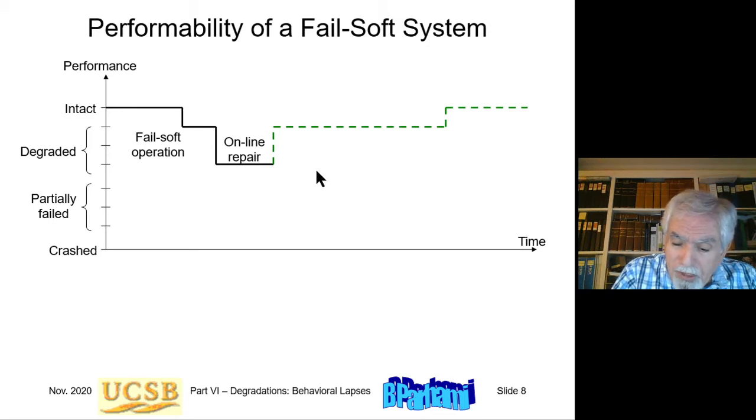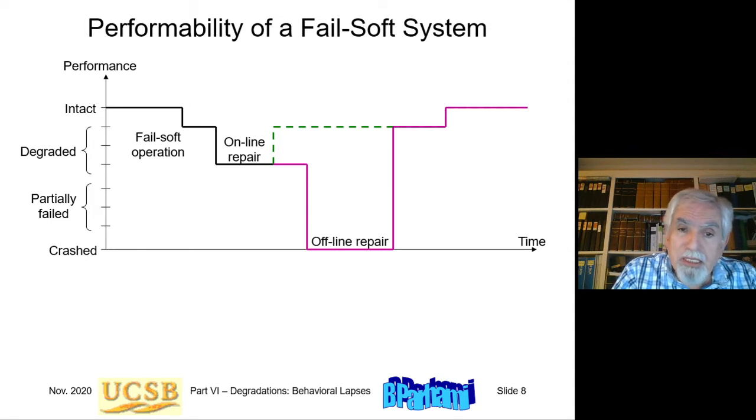Okay. However, if at some point too many things malfunction and we go to the crash state, we have to shut down the system and take care of the problem, then that is known as offline repair. So the system is offline, and we repair it as it's basically out of operation.